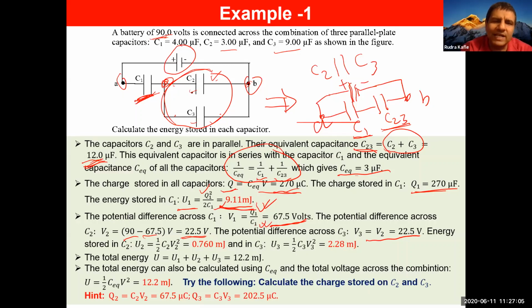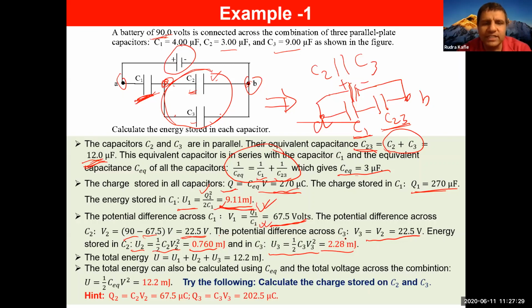For example, if you would like to calculate the energy stored in C2, then U2 is equal to half C2 V2 squared. You use that formula because we know C2 and we know V2, and then you will get that energy. In the same way, you can calculate the energy stored in capacitor 3, which is half C3 V3 squared. That is the energy stored in the capacitor C3.